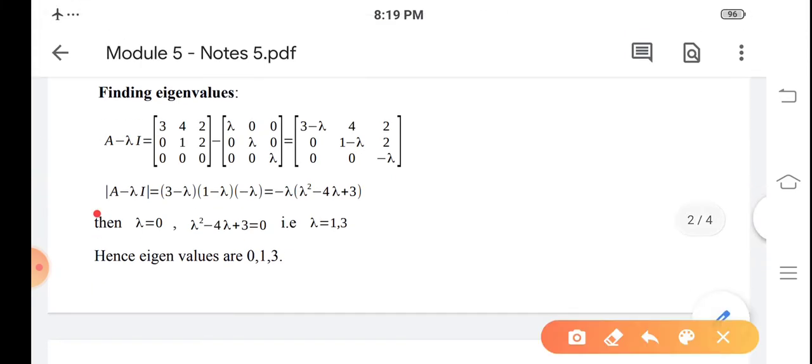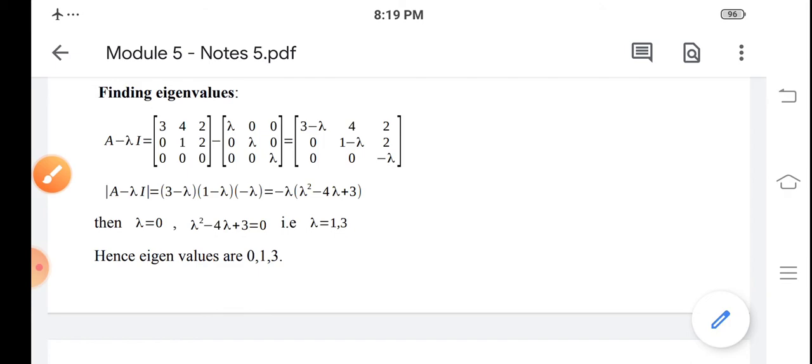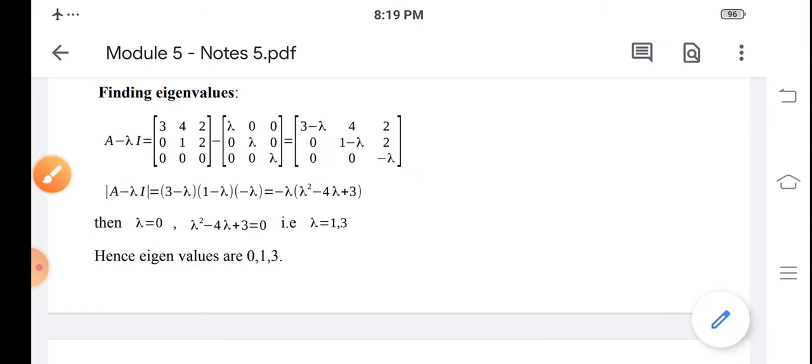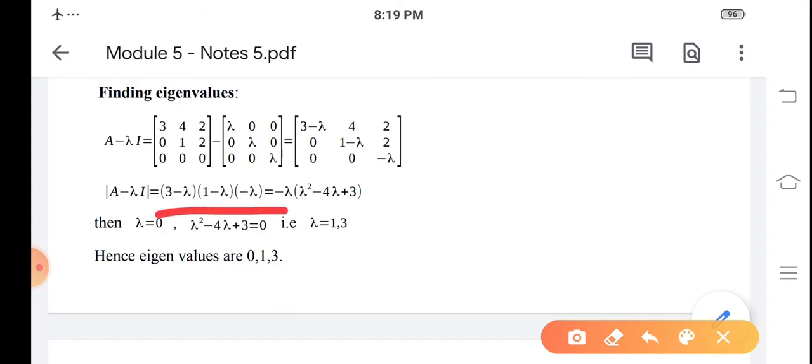Now we find the determinant of A minus lambda I. It is (3 minus lambda)(1 minus lambda)(minus lambda) because it is a triangular matrix, so the determinant is the product of the main diagonal elements.